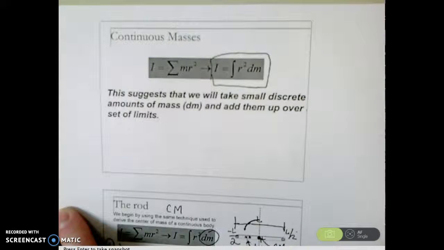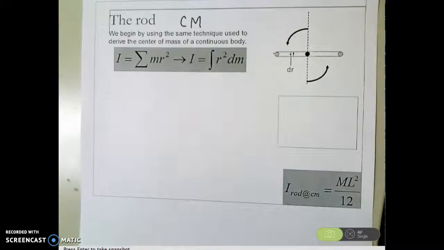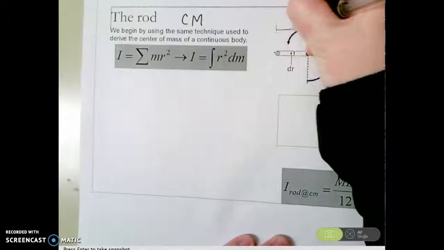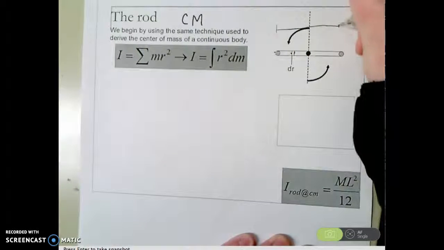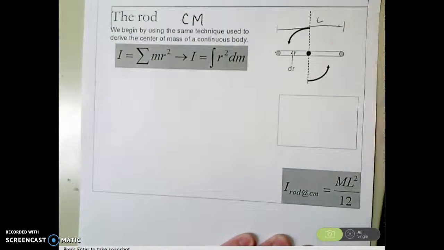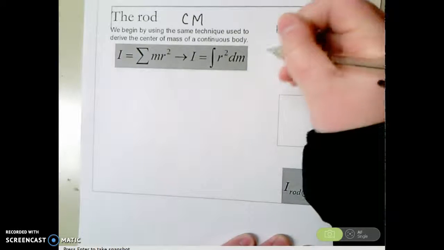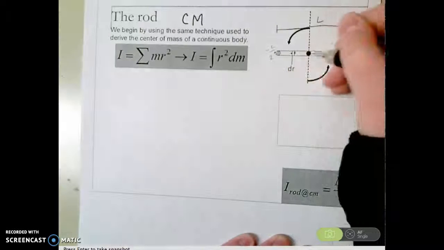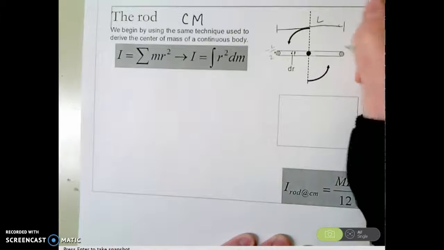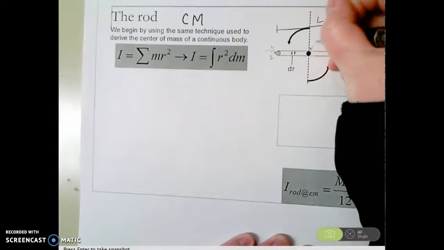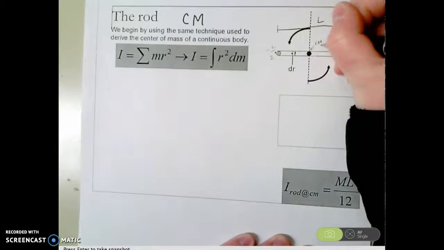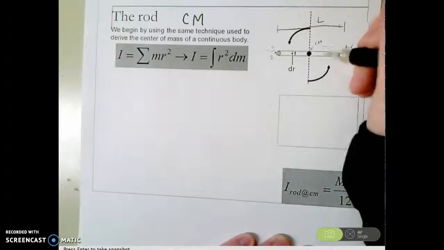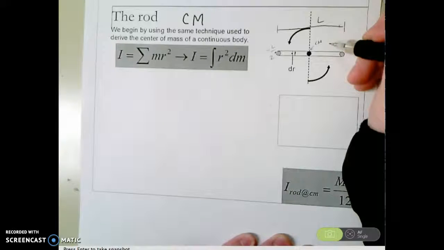We're going to start off by looking at this for a rod. We can agree that this rod will have some length L. That means that this point right here occurs at negative L over 2, because this would be 0, and this could happen at positive L over 2. We're going to call this the center of mass, or CM, remember capital CM is center of mass, not centimeters.